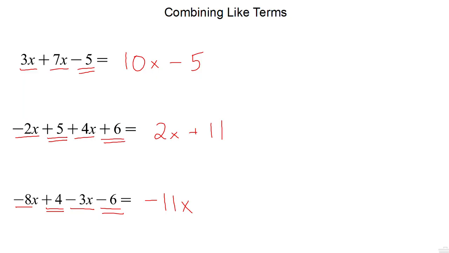Then the plus 4 and the minus 6, well, 4 minus 6 is just negative 2. So those should combine to make a minus 2. So negative 8x plus 4 minus 3x minus 6 simplifies down to negative 11x minus 2.